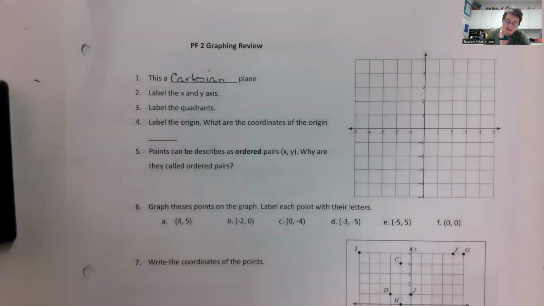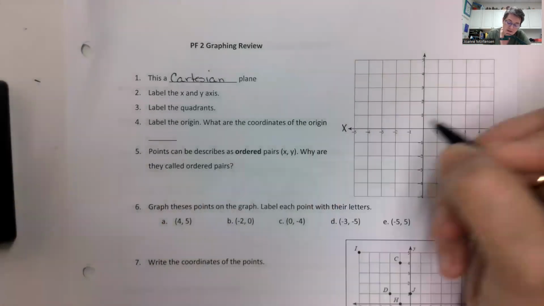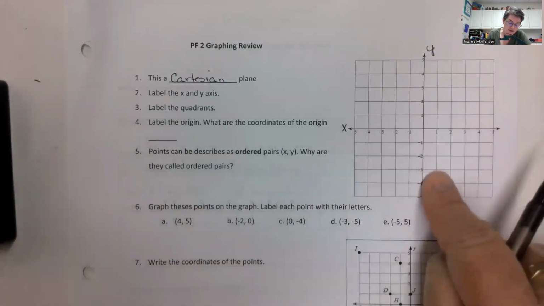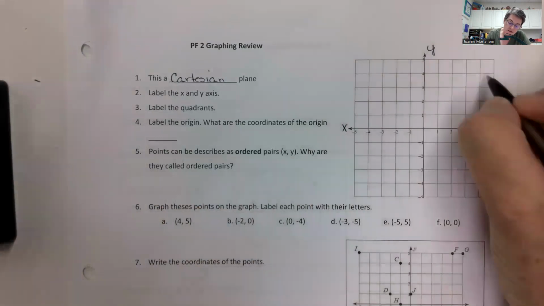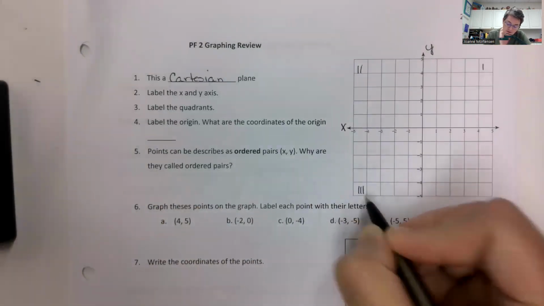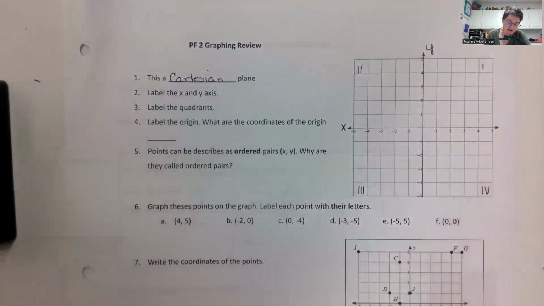Anyway, back to work. Label the X and Y axis. X is this one, you know this. Y is this one. This is my plus minus, check. Quadrants: 1, 2, 3, 4, check.